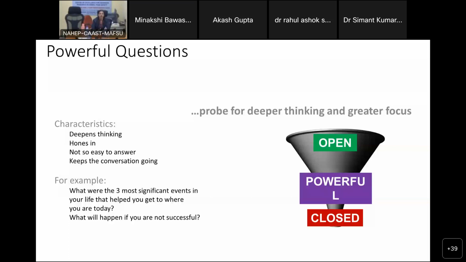So you should know where to ask questions. When you're preparing a questionnaire, maybe if you have to go to the field and ask some questions to gather the data, how should you develop that questionnaire? Where to have closed-end questions, where to have open-end questions, where to have other types of questions, so that you get proper information, and you will be able to analyze it properly, because some questions will not give you anything, right?